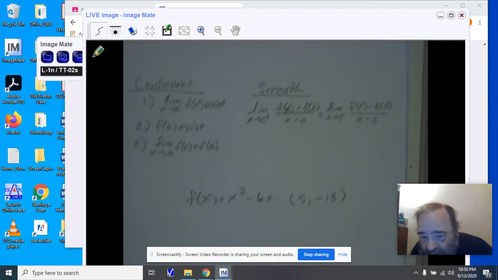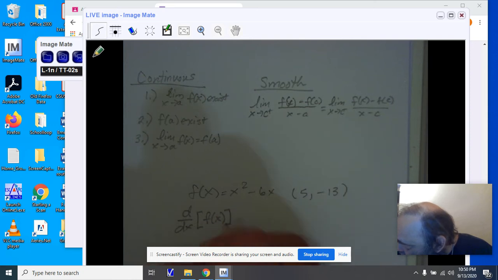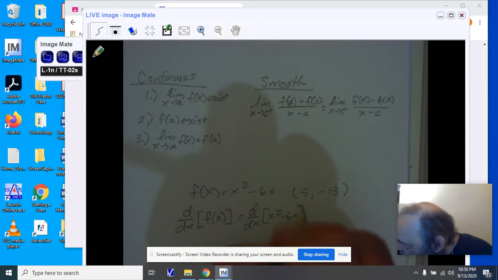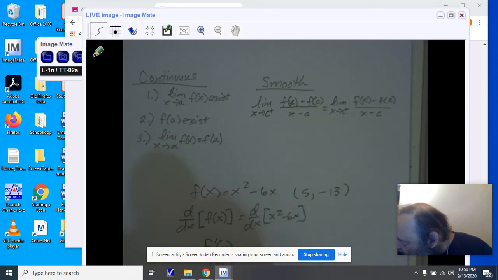Now, in order to do this, it's actually quite straightforward. We need to take the derivative, d/dx, of our function f of x, which is the same thing as taking the d/dx of x squared minus 6x. This gives me f prime of x, or if you prefer, you can call it df/dx.